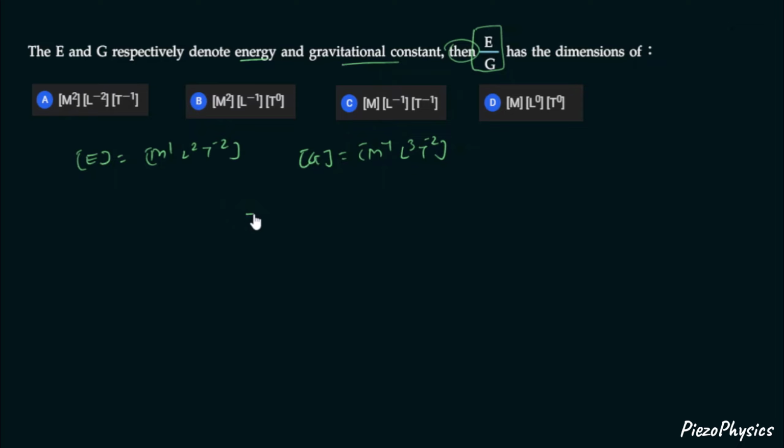So the ratio of E upon G will have dimension M1 L2 T minus 2 divided by M minus 1 L3 T minus 2. Here T minus 2 will be cancelled and this M minus 1 will go upward, so it will be M power 1 plus 1, so it is 2, and this 3 will go upward and it will be minus 3, so L power minus 1. So M2 L minus 1 T power 0. So option B is again correct.